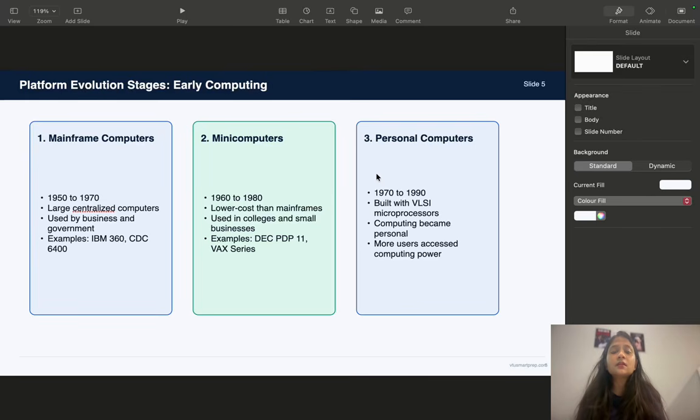Next is personal computers. Personal computers became popular around 1970 to 1990. So remember 1950 to 70, 60 to 80, and then 70 to 90. Personal computers came into the picture and became popular.